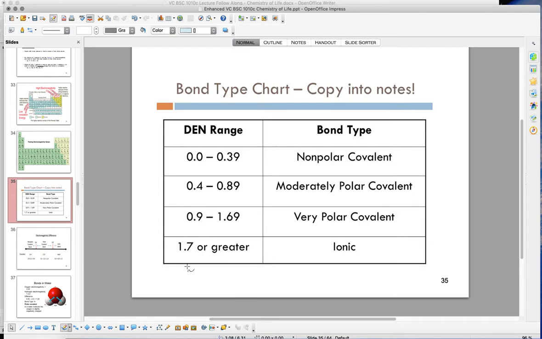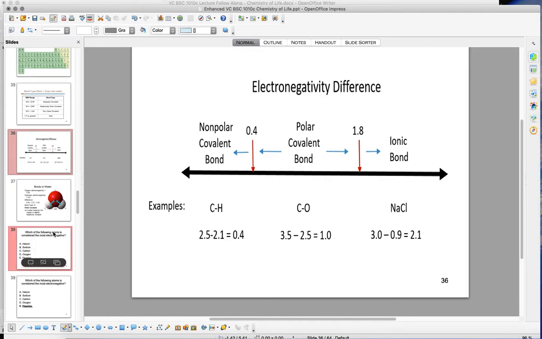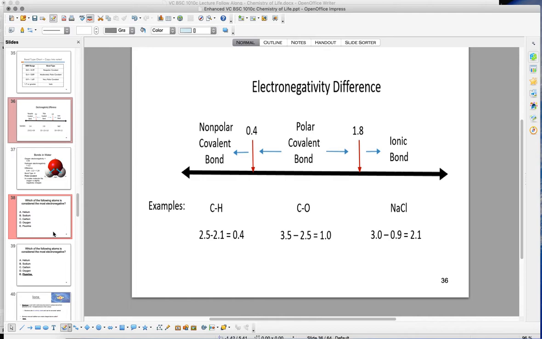So we can use electronegativity to help us see what kind of bond is going to form. We've got this electronegativity chart, and this is also showing you another one. So how do we do this? Let's take a look at how we're going to form some bonds, and then we'll look at what these bonds actually mean.